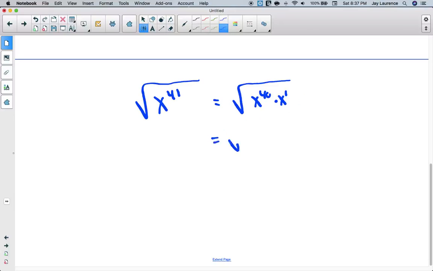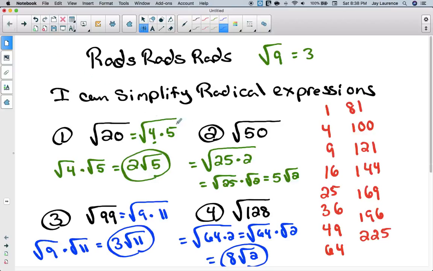And now I can say this is rad x to the 40th times rad x to the 1st. And the rad of x to the 40th, what number times itself is x to the 40th? Well, that'd be x to the 20th, and then rad x. Okay, so hopefully that jogs your memory on how to do that.